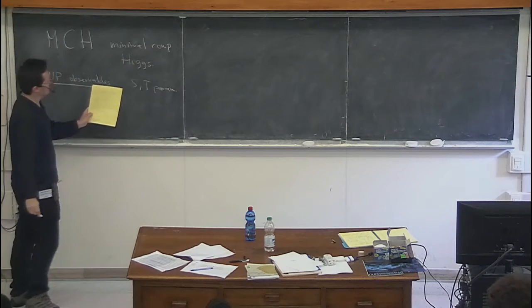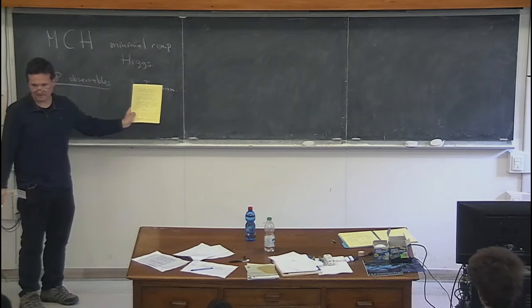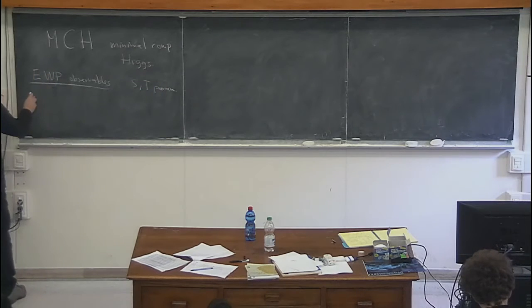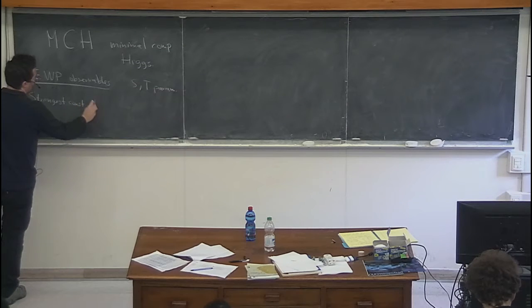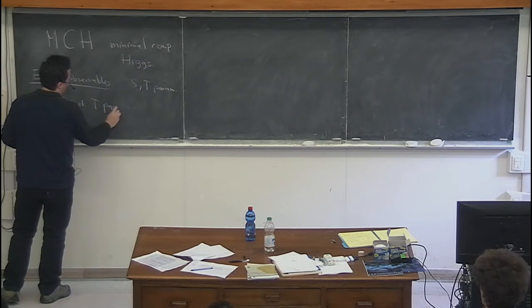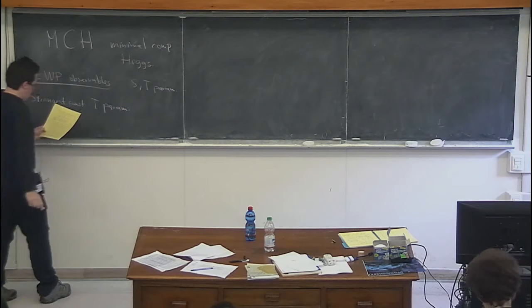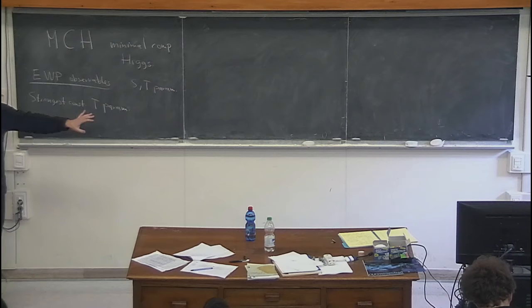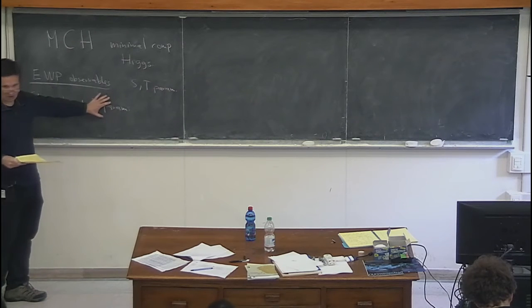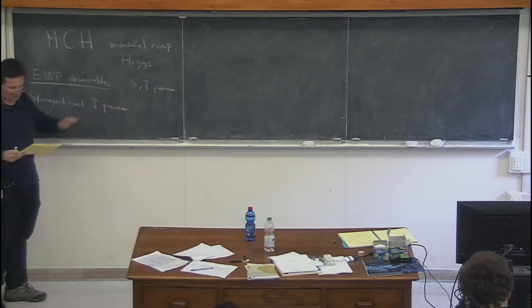And it turns out that the strongest constraint is from the T parameter. However, it turns out that there are relatively simple ways to make sure that these corrections to the T parameter are not going to be very large.